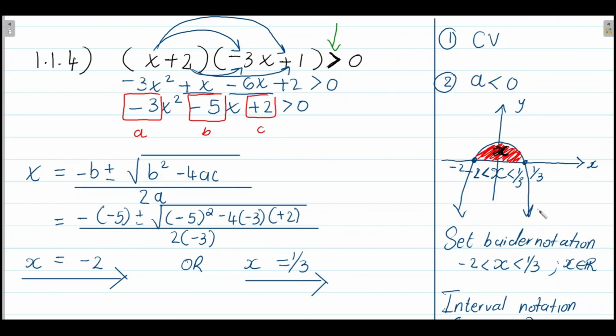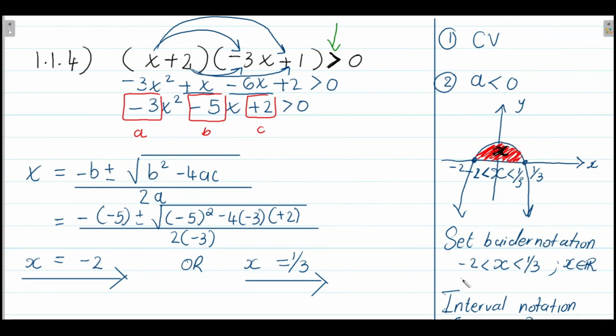So that's how our quadratic function looks. And then from there, we just put your critical values on your function, which is negative 2 and 1 over 3. And then we can simply see that this function is greater than 0 above your x-axis. So it's in that part there.